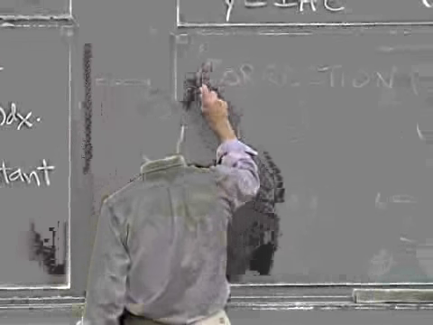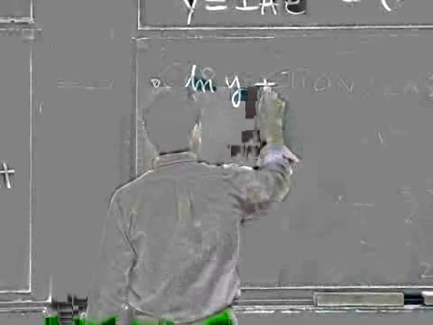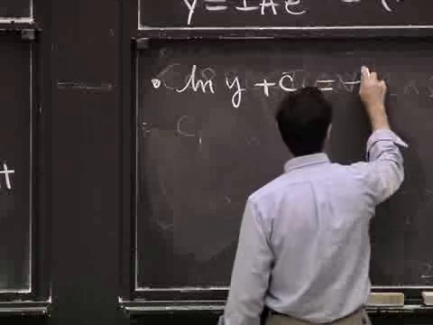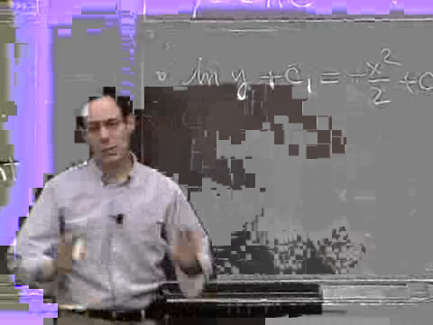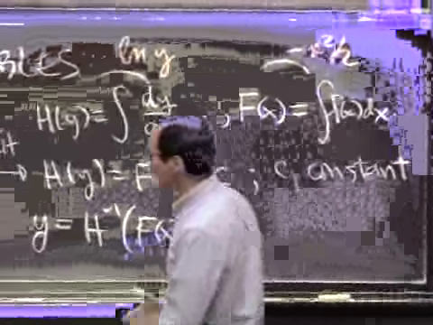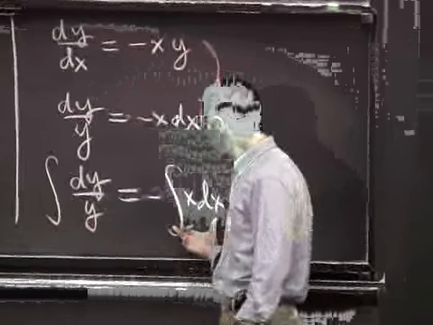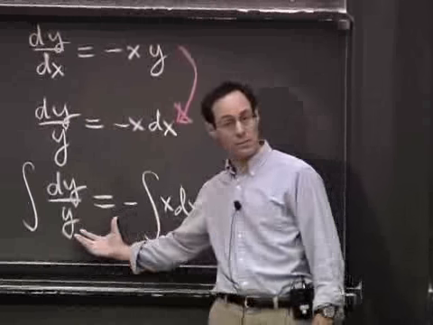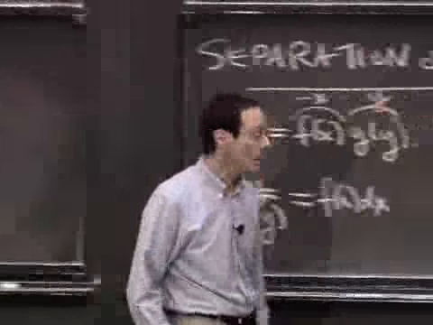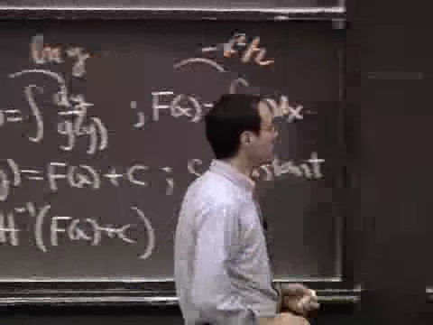I could have also written log y plus c1 is equal to minus x squared over 2 plus c2, where c1 and c2 are different constants. When I'm faced with this anti-differentiation, I just taught you last time that you want to have an arbitrary constant here and there in both slots. So I perfectly well could have written this down.